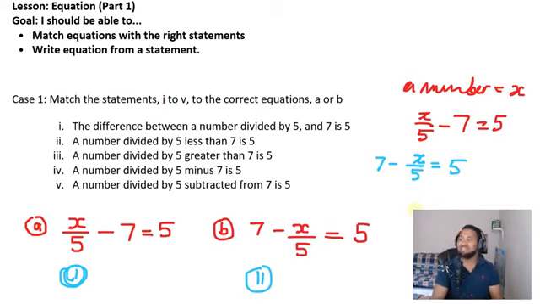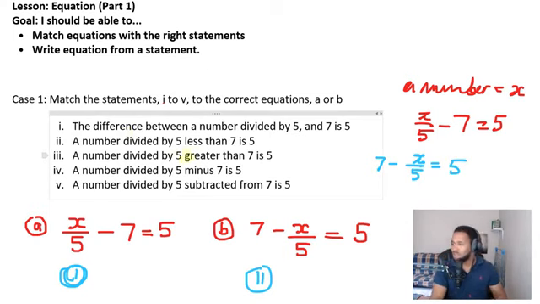Next, a number divided by 5 is greater than 7, and this is equal to 5.